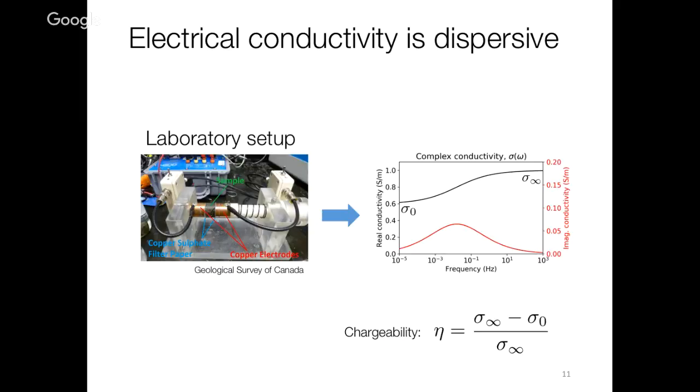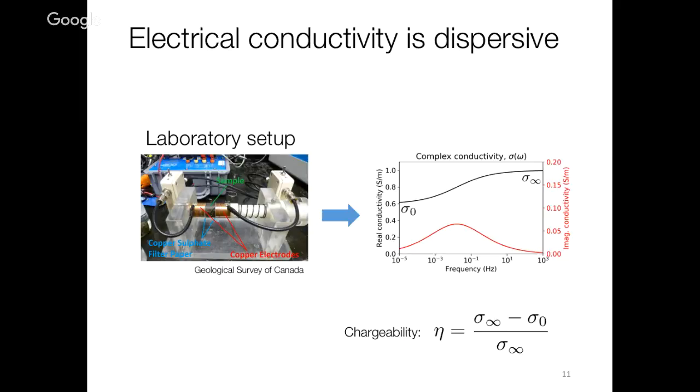Then I'm going to say, well, what's my chargeability? My chargeability is really related to the amount of change here. I want to normalize it by something. So the chargeability is sigma infinity minus sigma 0, divided by sigma infinity.